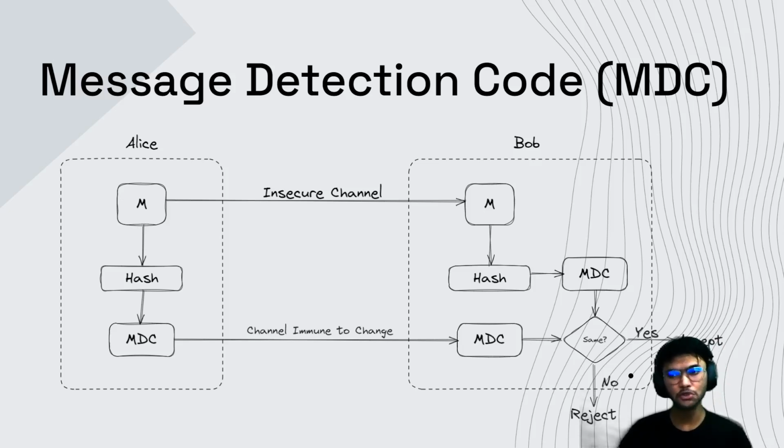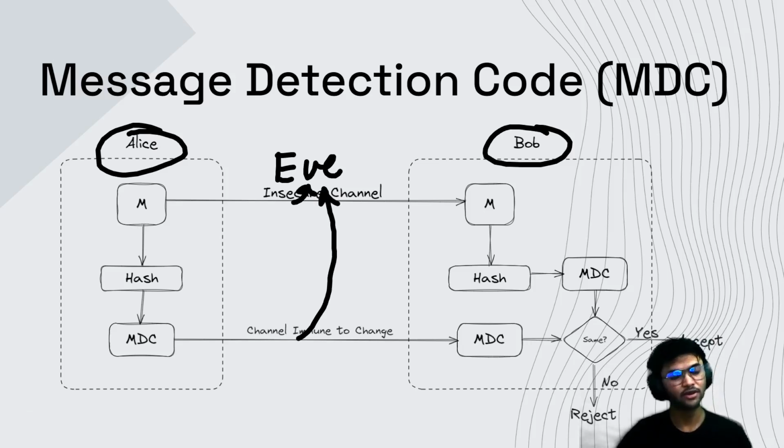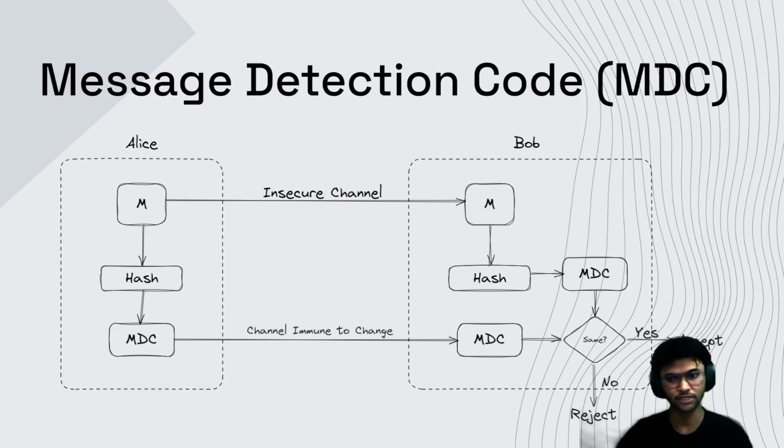Now it's time for you to understand what MDC means. Suppose Alice wants to send some critical data over to Bob. If Eve manages to intercept this message, they may modify it. It is important to understand that we are talking about the integrity of the data and not the confidentiality of the data.